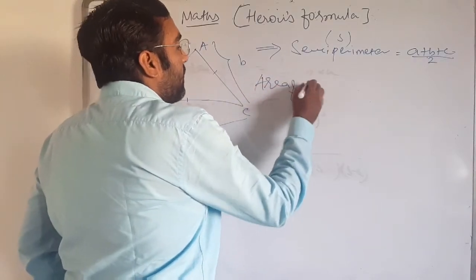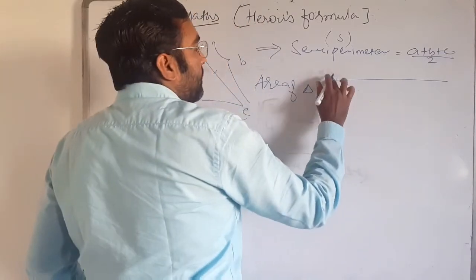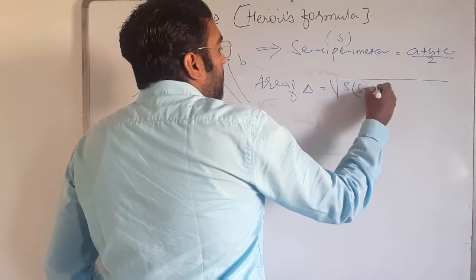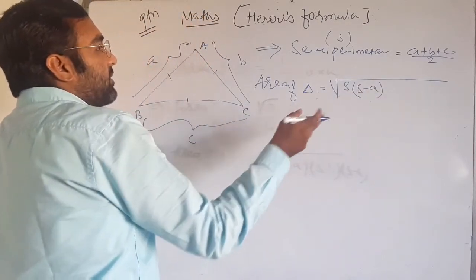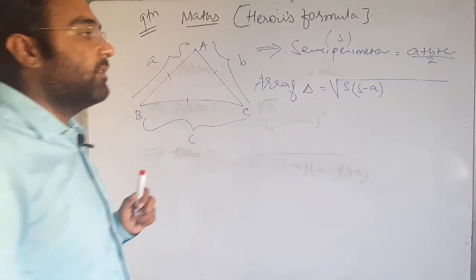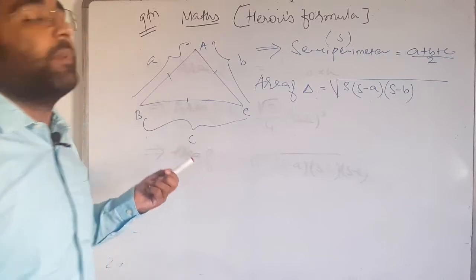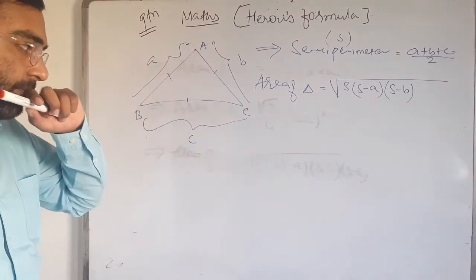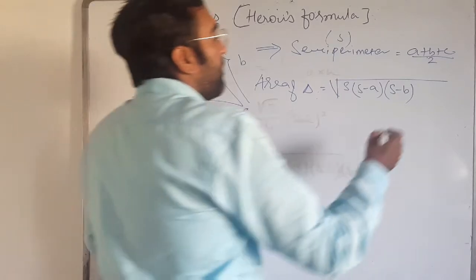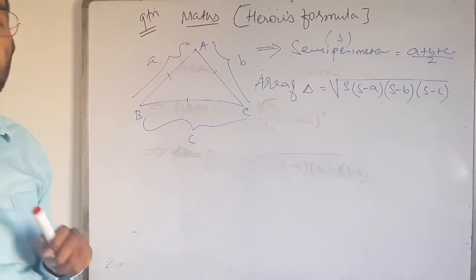Area of triangle is equal to the square root of s, that is the semi perimeter, into (s minus a), subtract the first side from the semi perimeter, then (s minus b), subtract the second side from the semi perimeter, and multiply (s minus c), subtract the third side from the semi perimeter.